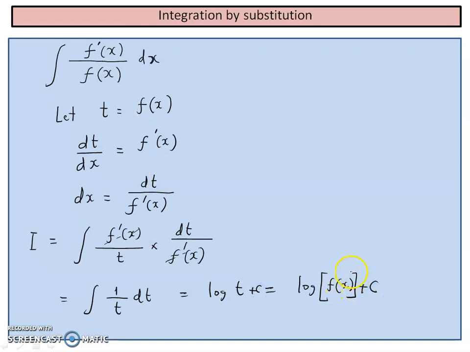Now इसके साथ हमें और एक फॉर्मूला मिल जाएगा. So let us summarize the formulae concerning this.